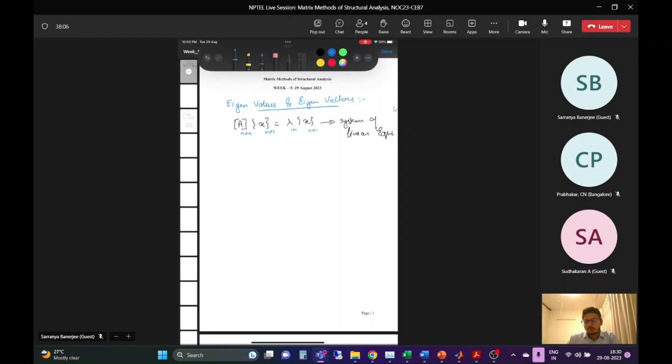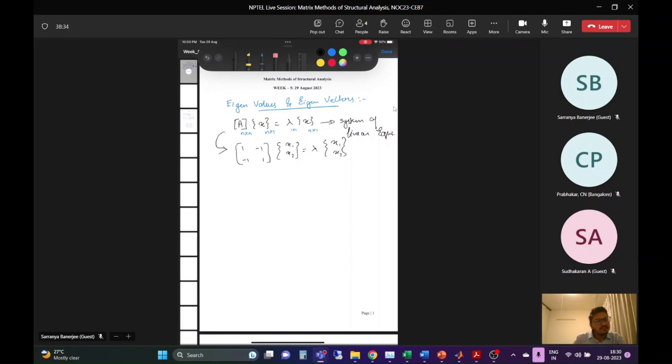Okay, so now again this will represent a system of linear equations. I'll break it down to a very simple example. Say the matrix [1, -1; -1, 1] times [x1, x2] equals lambda, which may be any value, times [x1, x2].